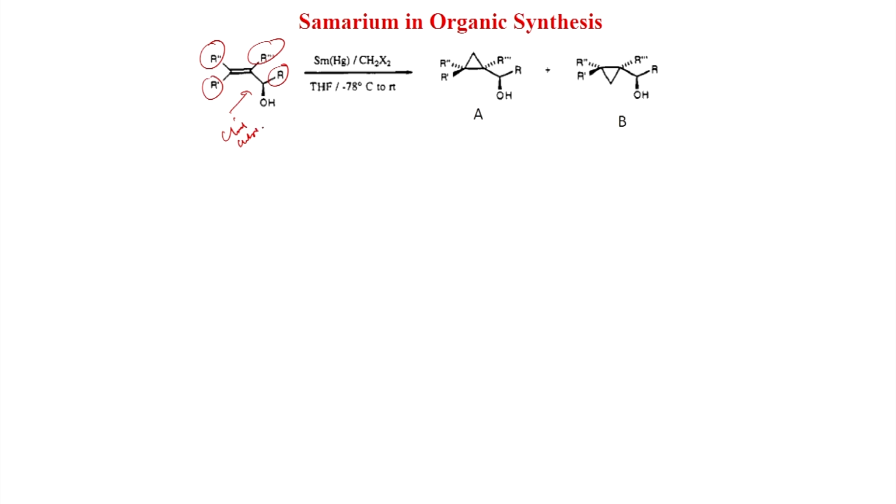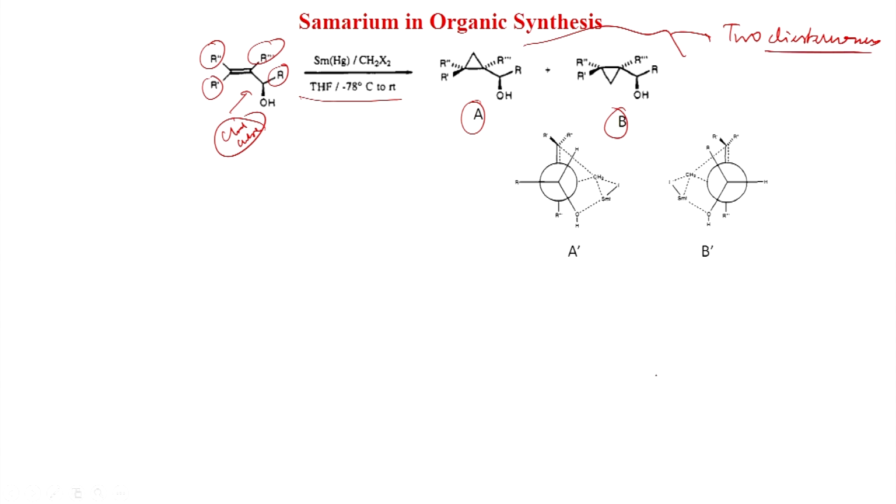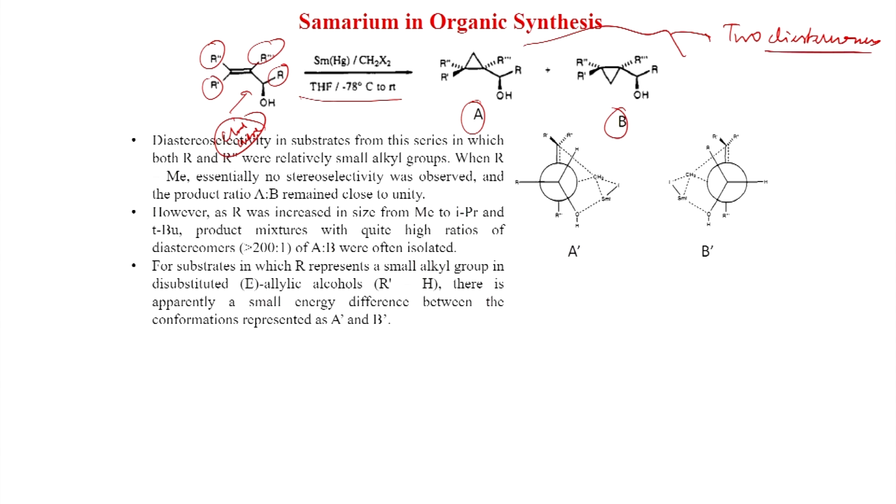With samarium amalgam, CH2X2, THF, minus 78 degrees centigrade, you get two diastereomers, A and B. Here this has been drawn in the plane, so there can be two diastereomers, either on this side or the other side, and you can draw the other diastereomer like this. And this diastereoselectivity can be explained by these transition states.